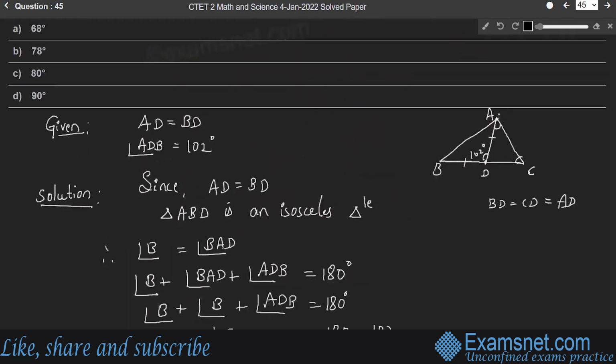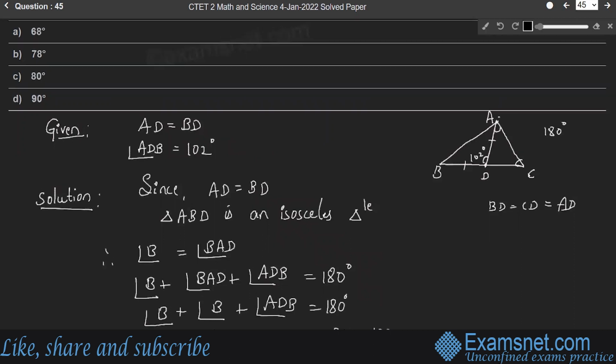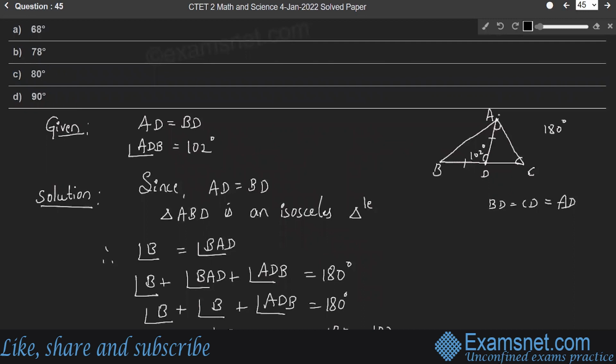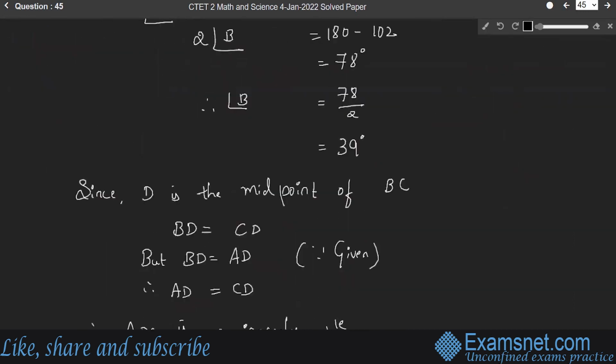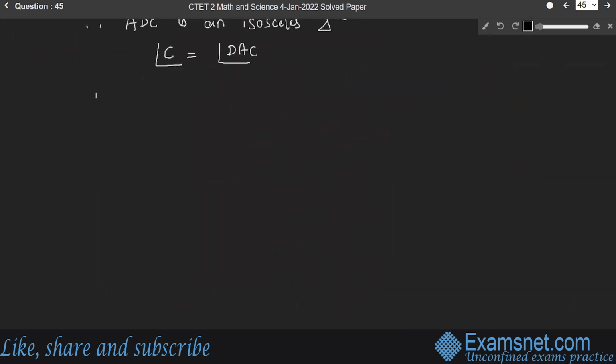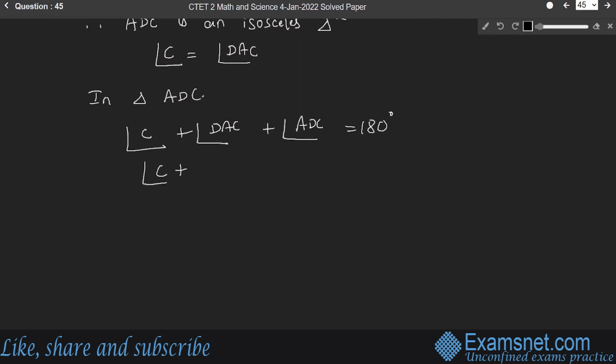In a triangle, the three angles sum up to 180 degree. Therefore, in triangle ADC, angle C plus angle DAC plus angle ADC is equal to 180 degree. Angle C plus DAC is nothing but again angle C, so two times angle C plus ADC is equal to 180 degree.